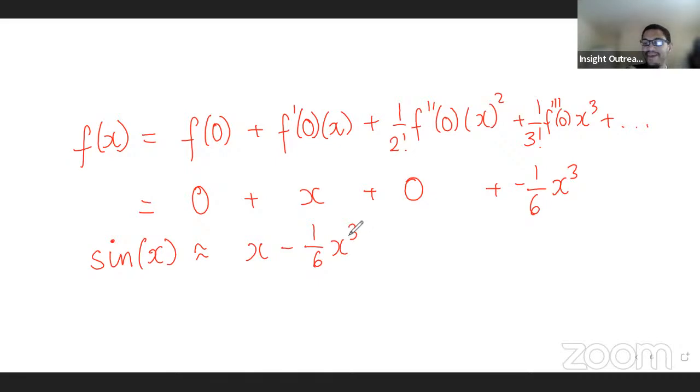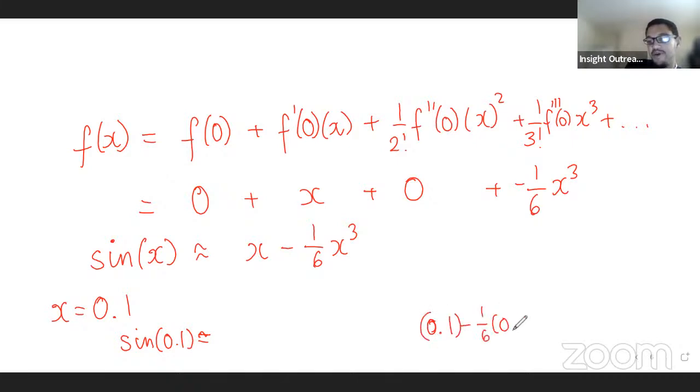We're approximating close to 0, so you could pick x equals maybe 0.1, as a rough value. I'd like you to say what sine of 0.1 is equal to, and then what 0.1 minus a sixth of 0.1 cubed is equal to, so I can compare the values of each.